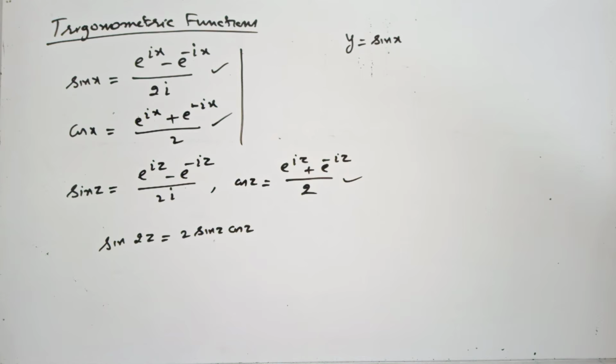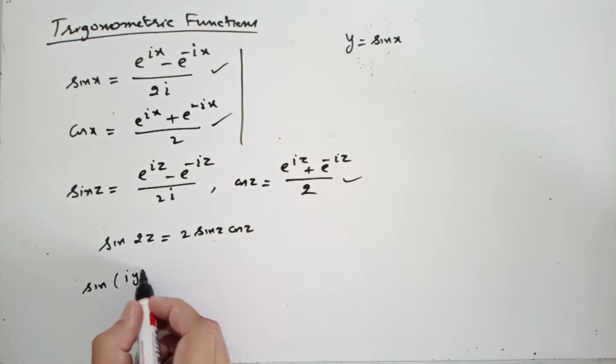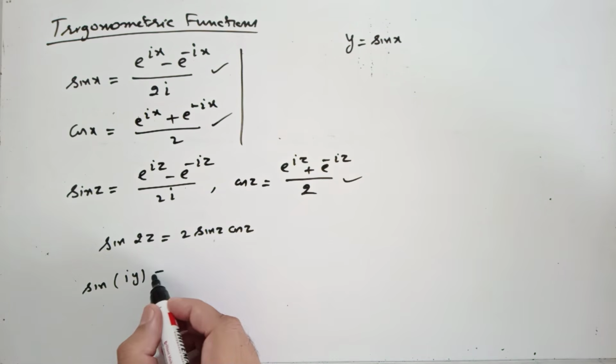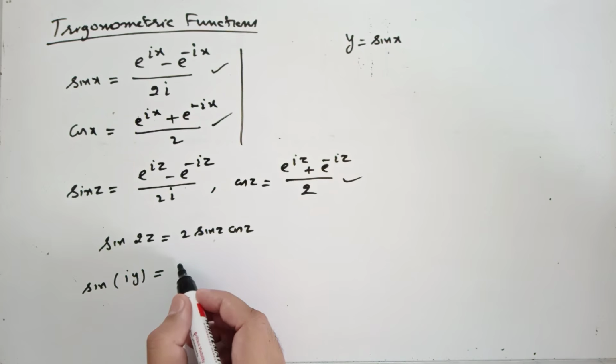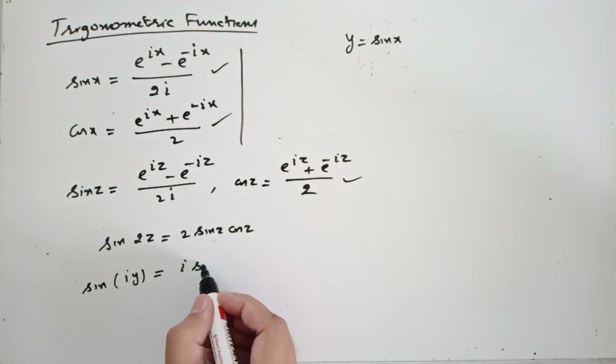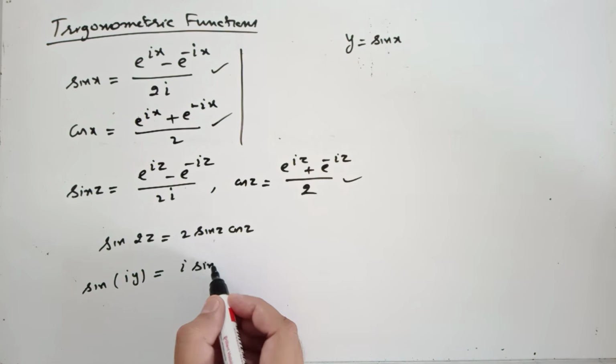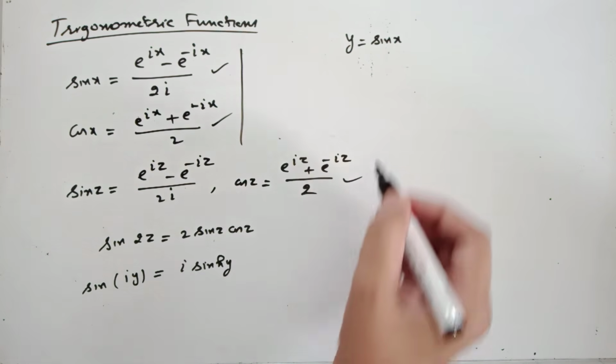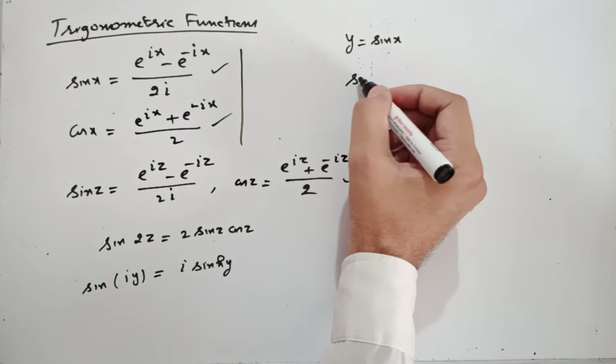So you can see various properties in the lecture notes. Let me tell you some properties which are useful, which are different from reals. Sin iota y can be proved equal to iota sine hyperbolic y. Are you familiar with hyperbolic real functions?